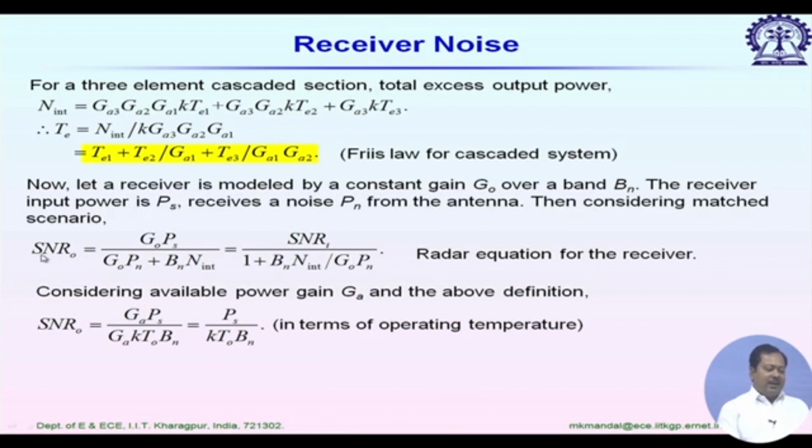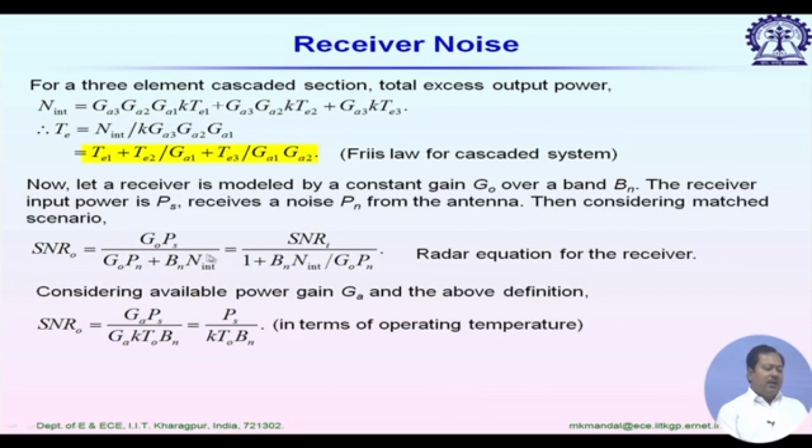Then the SNR at the output of the receiver, SNR being signal to noise ratio: the signal at the left hand side is Ps, multiplied by G naught, so the available output signal power is G naught into Ps.